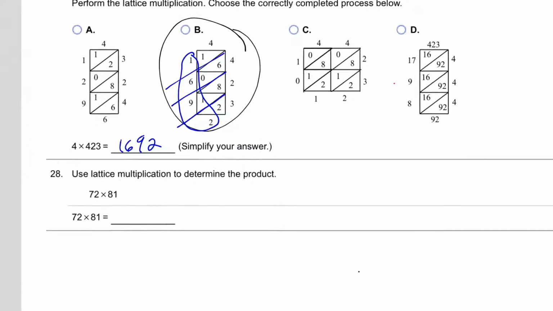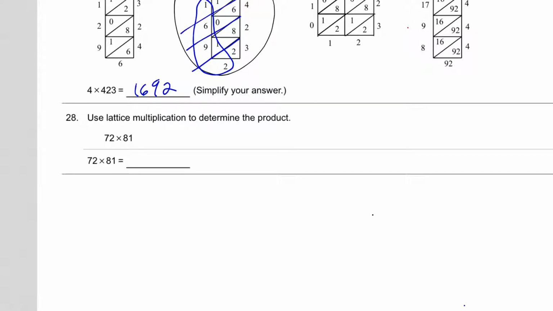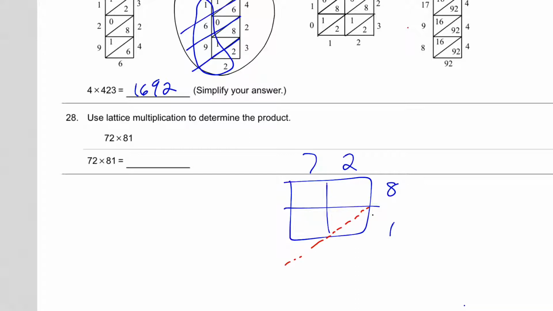As well as the duplation and mediation. So 72 times 81, we just do that. We start doing our cutting. Okay, so now we're going to do 8 times 2 is 16. 8 times 7 is 56. And then 1 times 2 is 2. And 1 times 7 is 7.